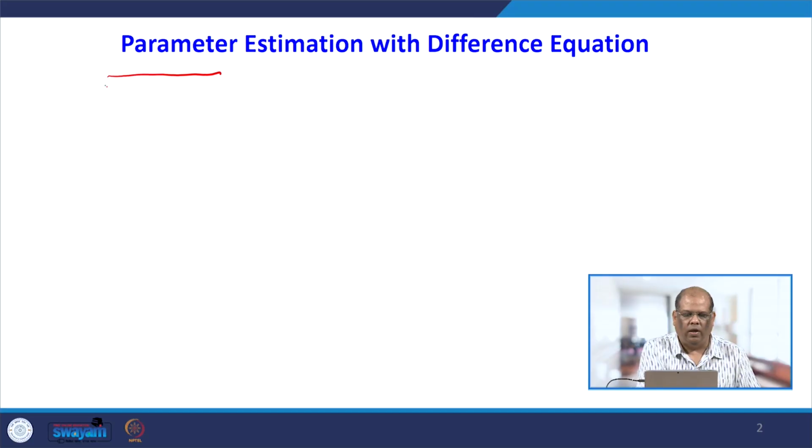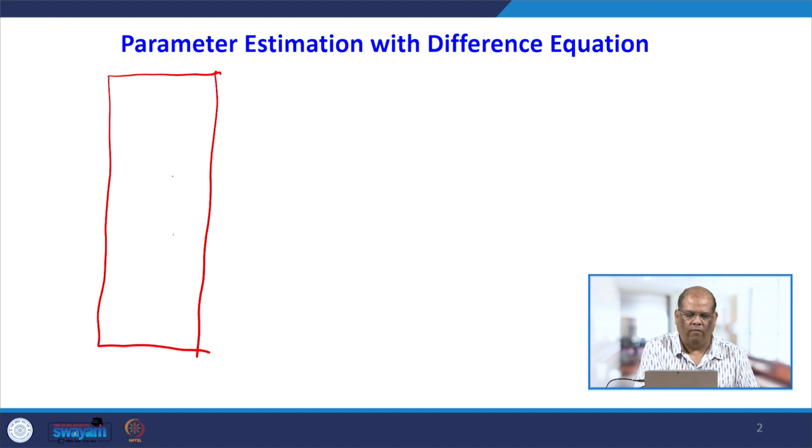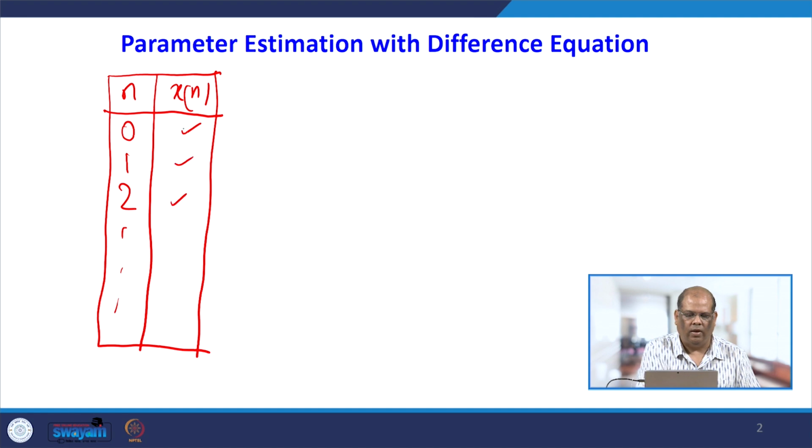So, what you will be given is again a set of data, because it is a discrete case. So, it is n = 0, 1, 2 and so on, and some variable x_n, and this data will be given, say x_1, x_2, x_3 and so on.